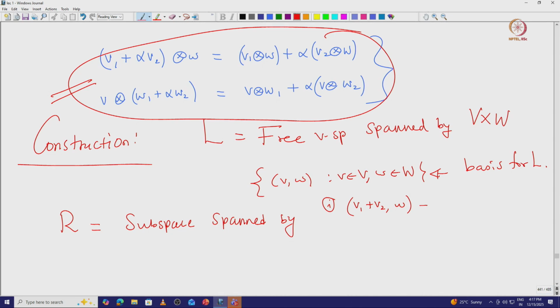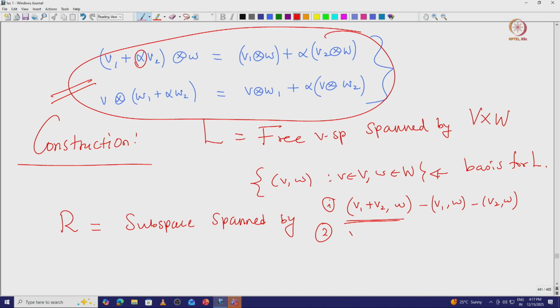In the tensors you have to read it as the image being (v1 + v2) tensor w. So that means (v1 + v2, w) minus (v1, w) minus (v2, w), we want to be equal to 0. That is the relation that comes from taking alpha to be 1.